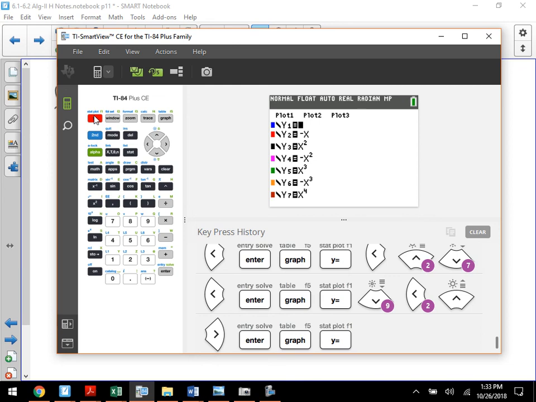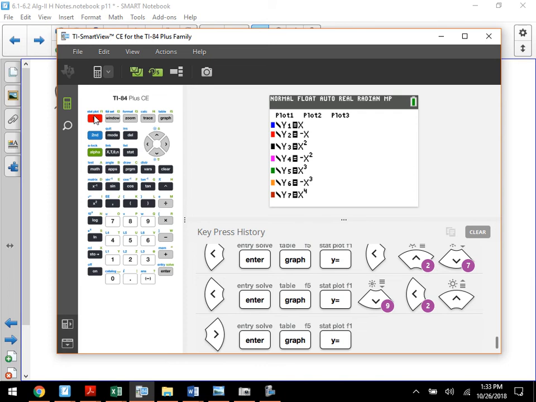And what I'd like you guys to put in your calculator is y equals x, y equals negative x, y equals x squared, y equals negative x squared, y equals x cubed, y equals negative x cubed, y equals x to the 4th, negative x to the 4th, and then you'll have enough space in there to go x to the 5th and negative x to the 5th.